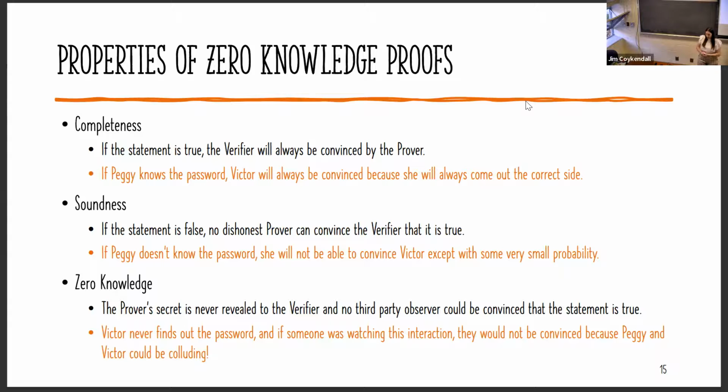Similarly, if someone was watching this interaction, they would not be convinced because Peggy and Victor could be colluding. They could have just agreed on a certain pattern of A's and B's. Similar to the fact that Kyle pointed out, Jazzy and I could have agreed on when I'm going to switch the balls or not.